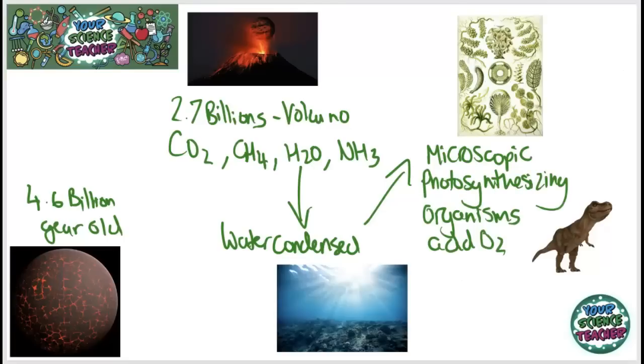Now, because there is now oxygen on the planet, this allowed animals that respired to be able to live on our planet. Now, you might be asking where a lot of these gases went as well.